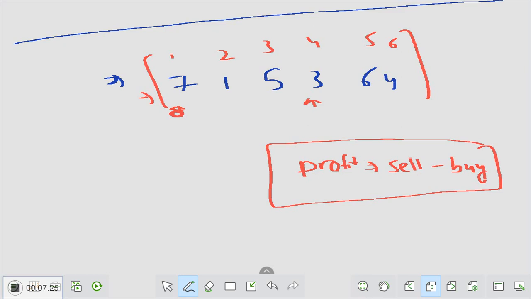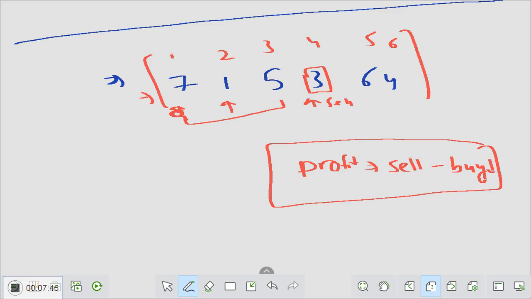I'm going to consider this day's price as my selling price, and after that I will find my buy price in the days before this particular day. Of all the prices I have in the days before, I will prefer to choose the minimum price. Why minimum price? Because I have to minimize my buy price.